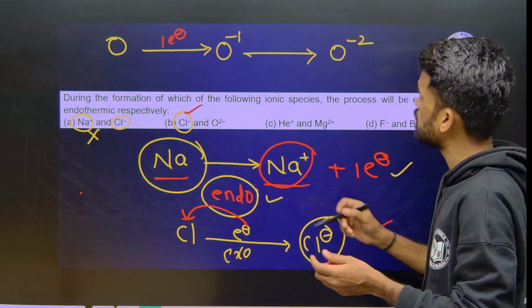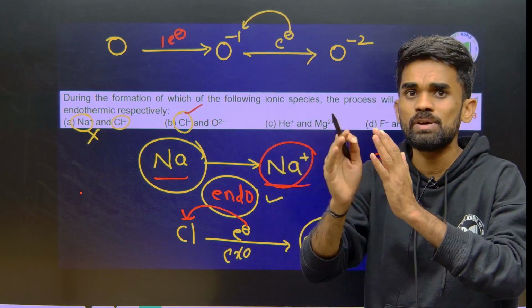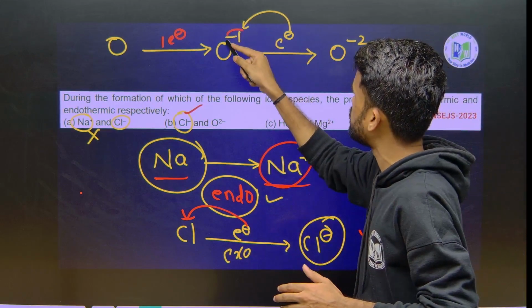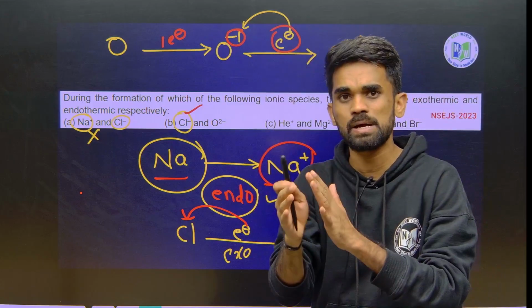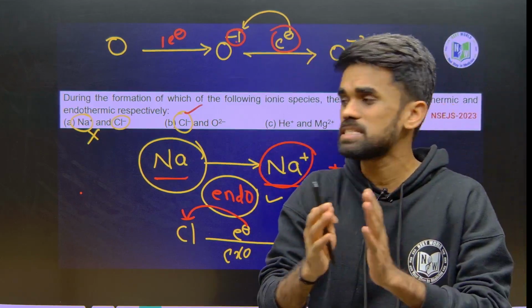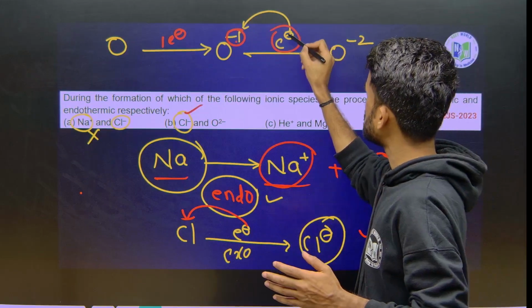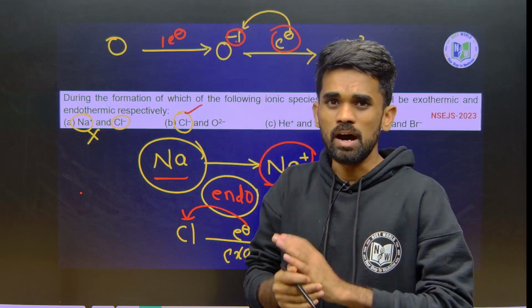So always remember, addition of an electron to an anion will always involve repulsive interactions between this negative charge, this electron density, and this electron. Like charges repel, right? So between this negative charge and this negative charge, repulsions are there. Therefore, the addition of the second electron to an anion species is highly difficult.